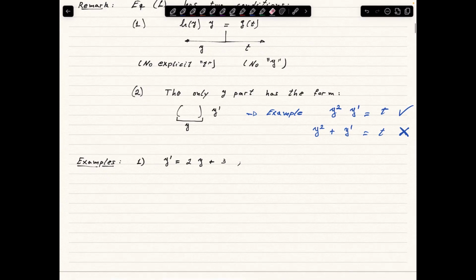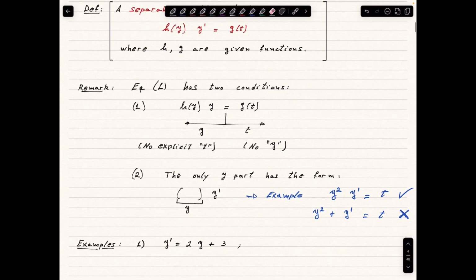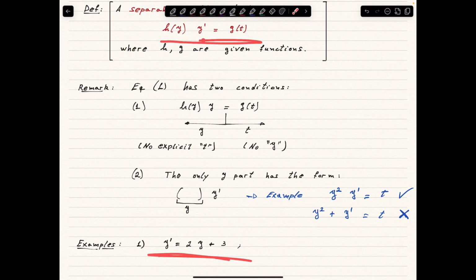This equation here, is it separable or not? Well, when it's written as it is right now, it's clearly not of the form of the separable equation, because on this side we should have no y, and we do have a y.